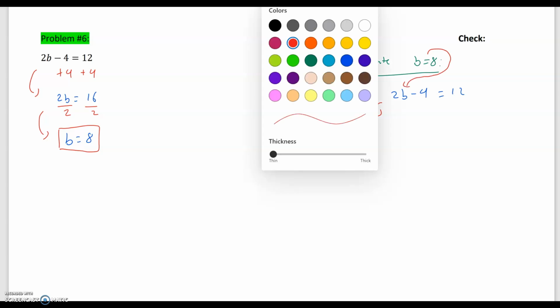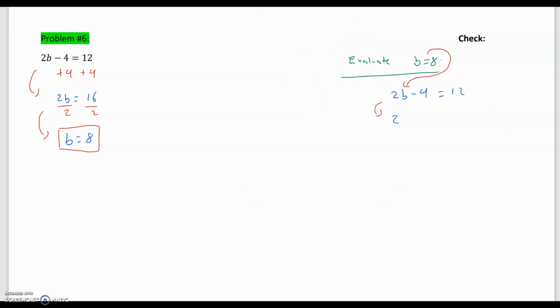So we're looking at the evaluation of 2 times 8 minus 4 is equal to 12, or 16 minus 4 is equal to 12, or 12 is equal to 12. It checks out, so we're good on this one too. True statement guarantees that b is equal to 8 happens to be our solution.